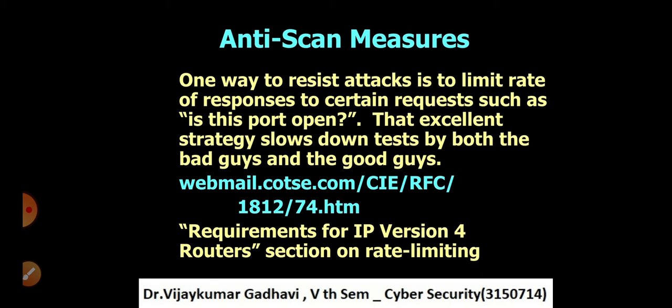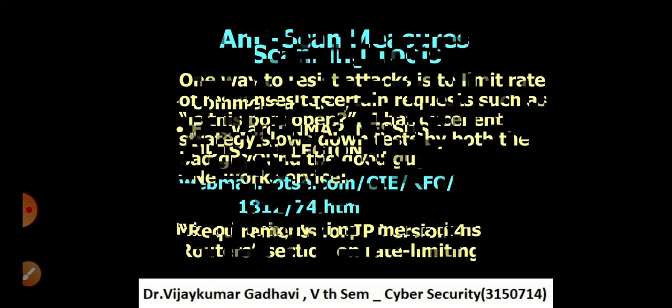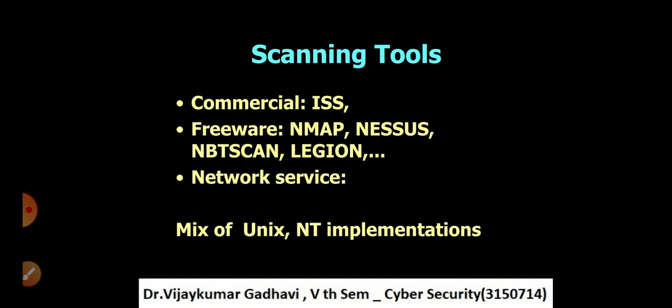Sources: webmail.codes.com/CIRFC1812/74.htm, Requirements for IP version 4 routers, section on rate limiting. The scanning tools are commercial ISS, and freeware such as NMAP, NSS, NBT scan, and Legion.